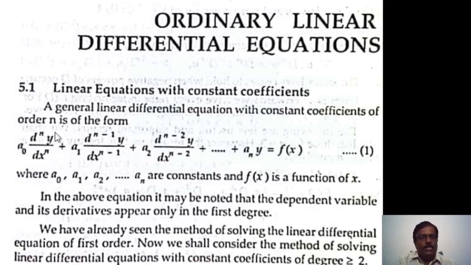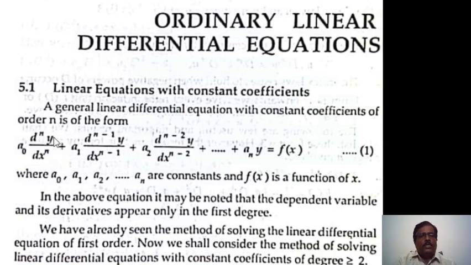Now see here, the power of y is 1. Everywhere you look, the power of y is 1, meaning the degree of the dependent variable is 1. Similarly, the degree of the derivative d^n y by dx^n is equal to 1, and of d^(n-1) y by dx^(n-1) it is also 1.